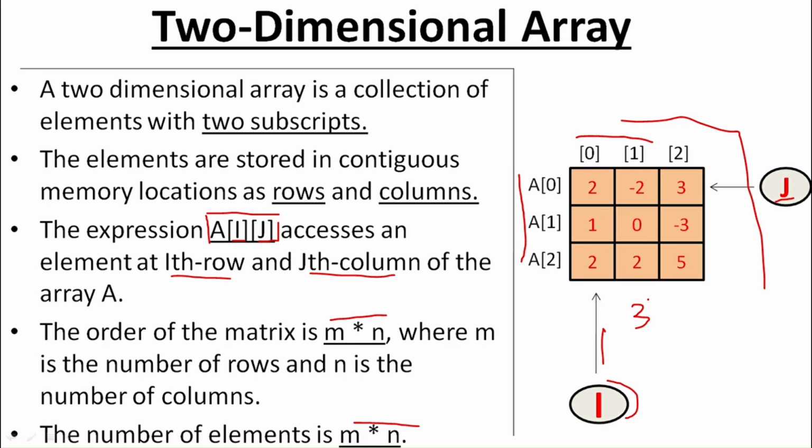I have 3 rows into 3 columns, which is equal to 9 elements. Here we can place 9 elements. If you want, we can count 1, 2, 3, 4, 5, 6, 7, 8, 9. So to find the number of elements, we will use this formula.